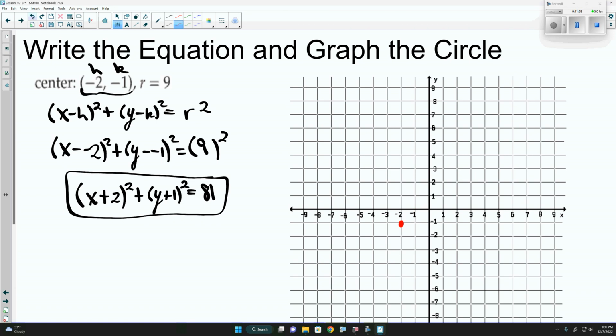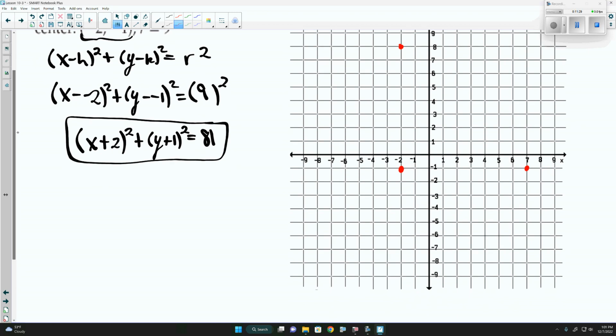But one direction that we can go is straight up because I can count off 1, 2, 3, 4, 5, 6, 7, 8, 9 and make a point. We can also go to the right 9 and make a point. We can also go straight down.